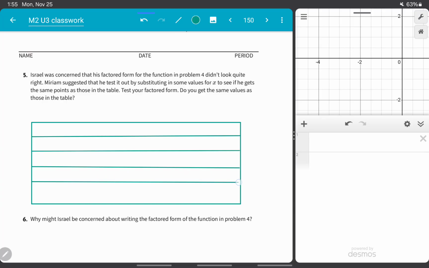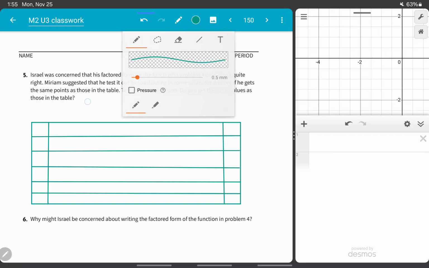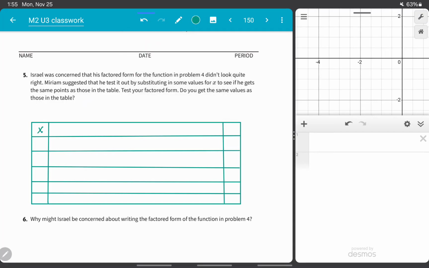Putting 3 on the top and 3 on the bottom. And we're going to put our x values over here and our y values over here. All right, and over here on the left side we're going to put x. Let's go from -2 to +2, and on the right side, these are going to be our y values.